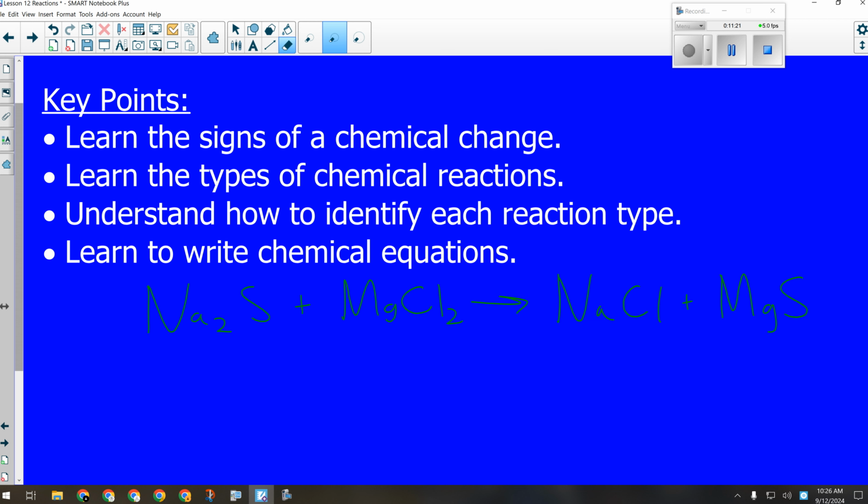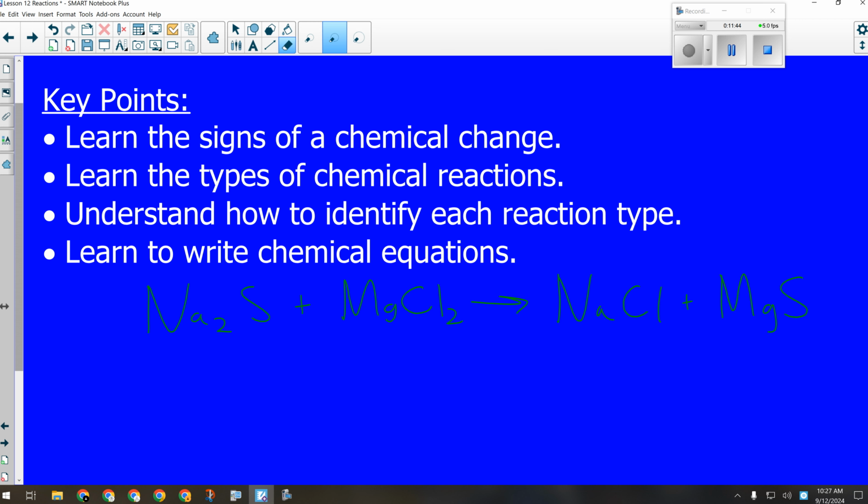No, they have twos. Ah, right. On this side, I have more stuff than I do on that side. Isn't that against the law of conservation of matter? That's the rule that says you cannot create matter and you cannot destroy matter. I have apparently done that. I've apparently destroyed some atoms here, because on this side I clearly have 2 sodium atoms.